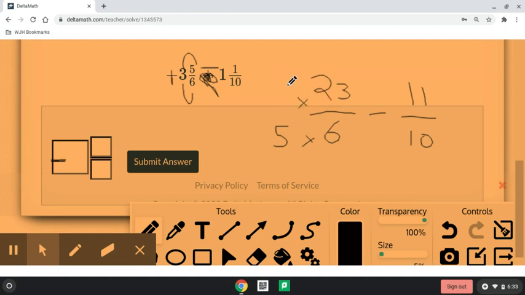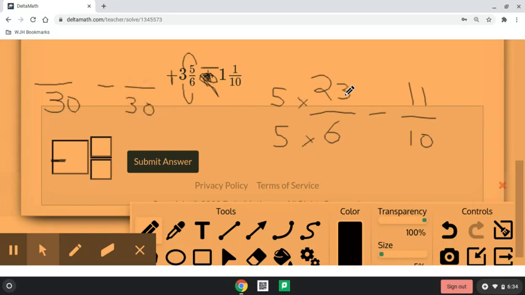We'll have to multiply this by 5 as well. So we end up with, I'll do the bottom first, 30 on the bottom, and I'll write out the other one too, 30 on the bottom as well. That's our goal.